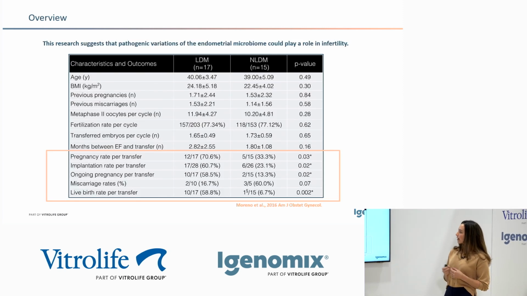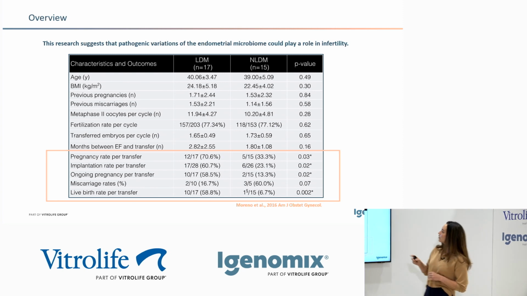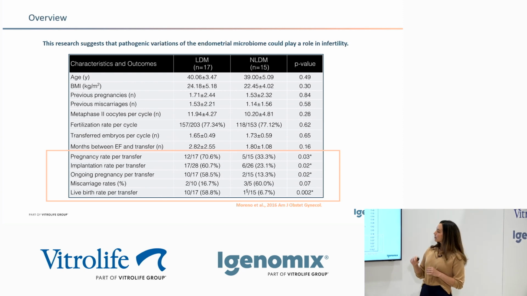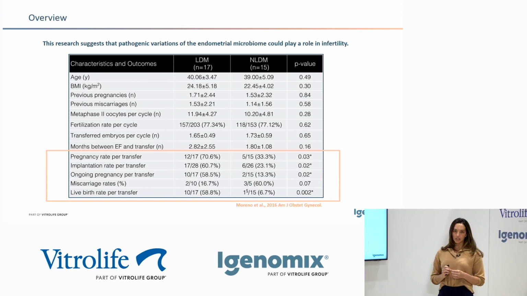We looked at the outcomes of 35 patients, and those patients with a high level of Lactobacillus versus patients with high levels of pathogenic bacteria had significantly higher pregnancy rate per transfer, implantation rate per transfer, ongoing pregnancy rate per transfer, and live birth per transfer.